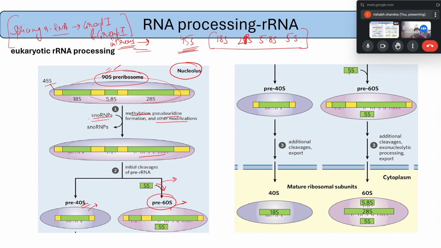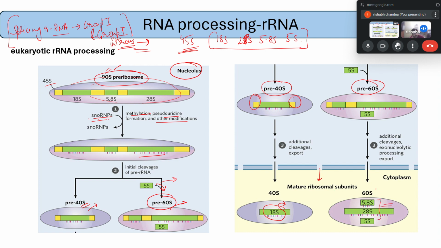Now, what happens after formation of this pre-60S and pre-40S? There are additional cleavages removing the extra RNA component, and then these fully composed subunits are transported via the nuclear pore to the cytoplasm. The 40S is bound with the 18S rRNA and the different associated proteins, and the 60S is transported as the 5.8S, 28S, and 5S rRNAs associated with different proteins.